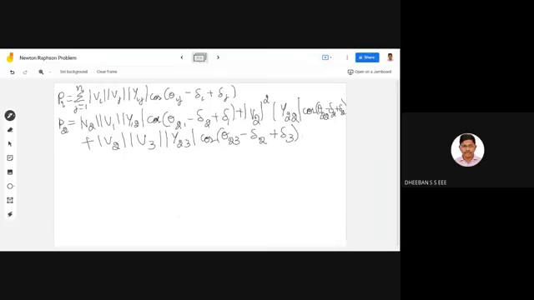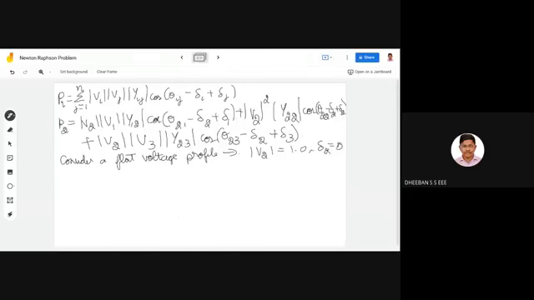You have to consider a flat voltage profile. If you are considering a flat voltage profile, then your V2 value will be equal to 1, since it is not given, and the delta 2 will be equal to 0. Hope you are clear.